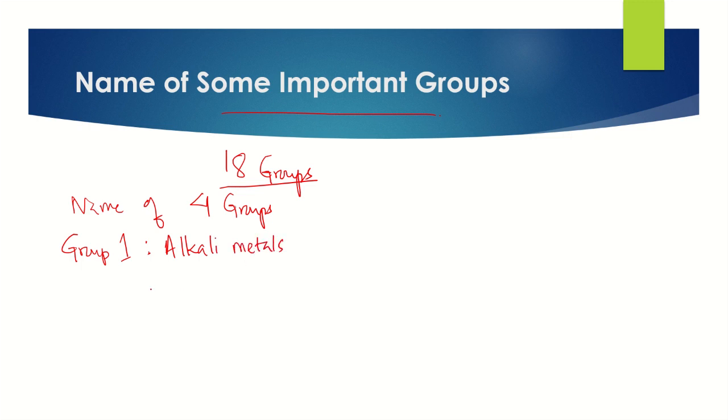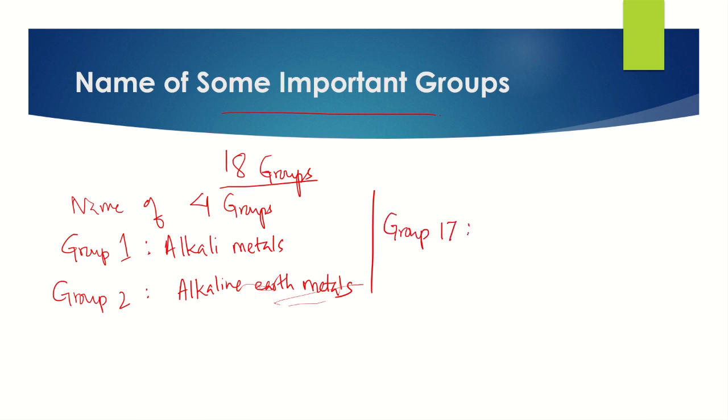Then we have group number 2, which is called alkaline earth metals. Then we have group number 17, which is called halogens. And then we have group number 18, which is called noble gases.